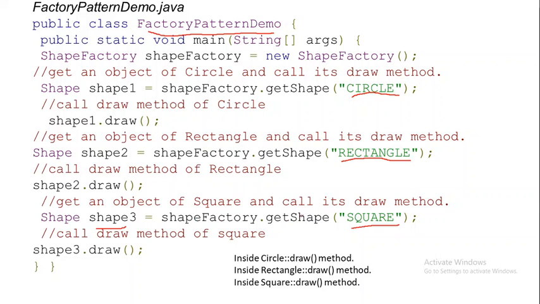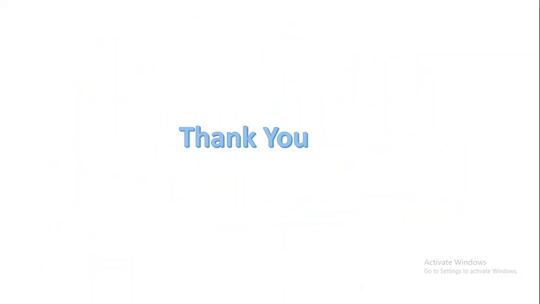If you have not passed anything, it will create null. So if I call shape3.draw, it invokes the draw method in Square, that is, inside Square. It will print the draw method information. That means based upon the parameter, it changes the creation of the object. Thank you.